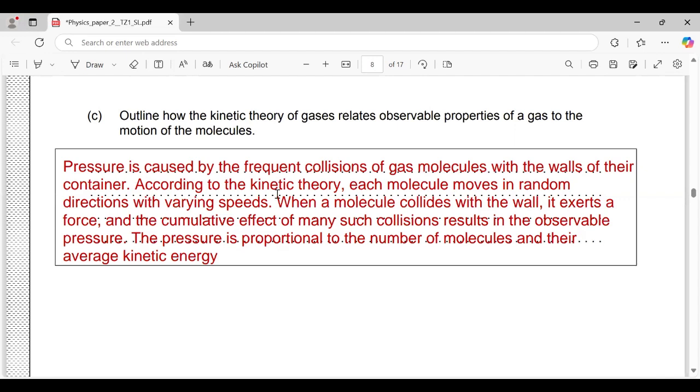According to the kinetic theory, each molecule moves in random directions with varying speeds. When a molecule collides with the wall, it exerts a force, and the cumulative effect of many such collisions results in the observable pressure. The pressure is proportional to the number of molecules and their average kinetic energy. That's my explanation.